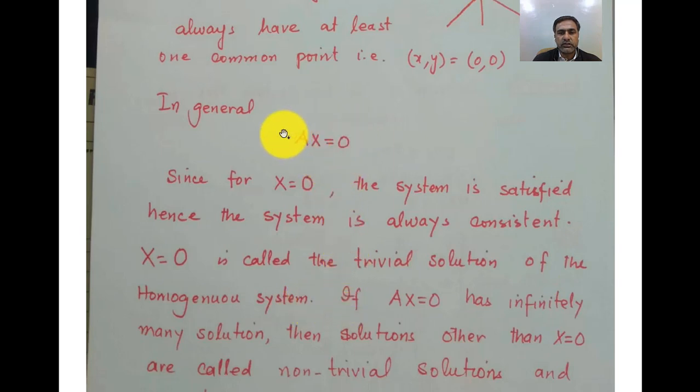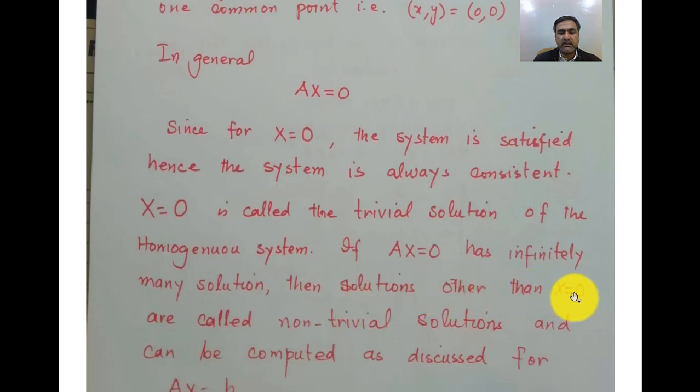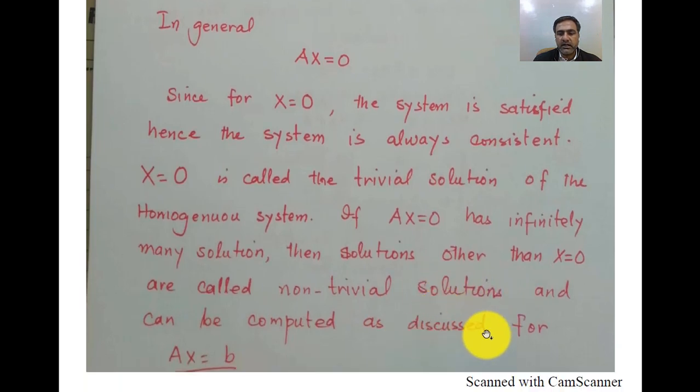Since this solution is readily available, hence we are interested in other solutions where x is different from 0. So if Ax equal to 0 has infinitely many solutions, then the solutions other than the trivial solutions are called the non-trivial solutions and can be computed as discussed for the system Ax equals b.